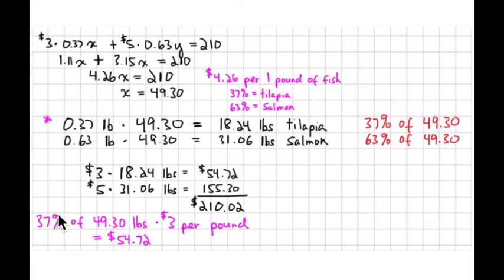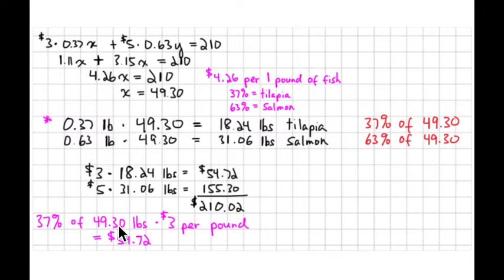Now you can look at this as purchasing 37% of 49 and 3/10 pounds at $3 per pound is going to cost me the $54.72. And then you can say, okay, now out of that total amount of 49 and 3/10 pounds, I want the 63% of that to be salmon.